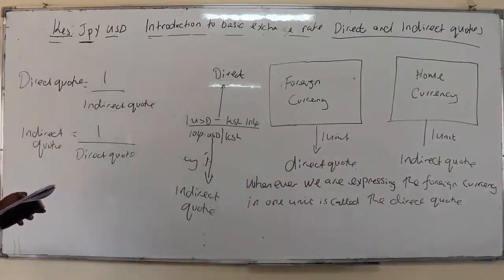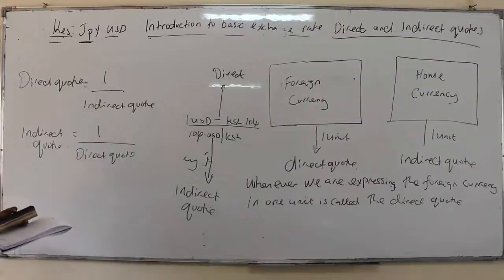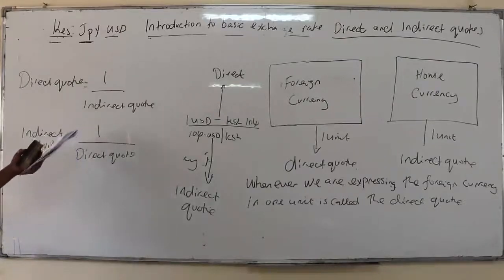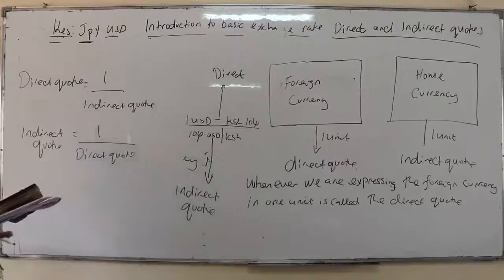Let us look at an example to see how we can get the indirect quote. If we have 1 US dollar costing 104 Kenya shillings, we can get the indirect quote by getting the inverse of that.